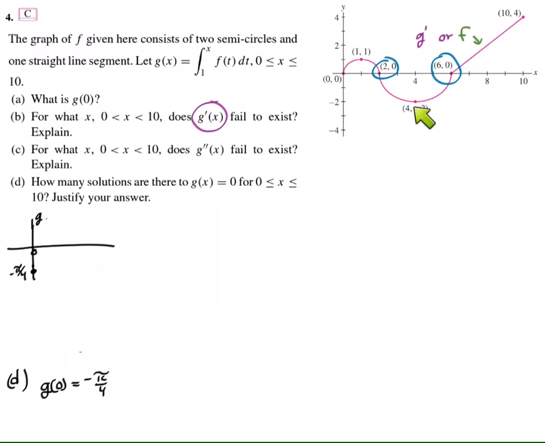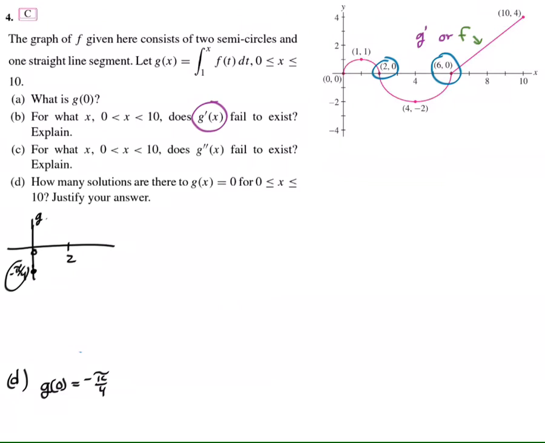And then we look at the g prime graph to try to explain what's happening to our g function. It looks like from 0 to 2, the g function is increasing the whole time, because from 0 to 2, g prime is above the x-axis. If g prime is above the x-axis between 0 and 2, we know that the g function has a positive slope between 0 and 2.